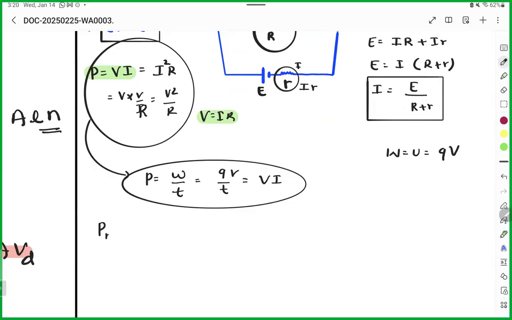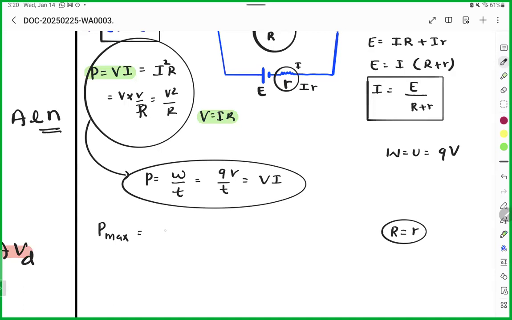If you ask for the maximum power, in case of maximum power, external resistor and internal resistor will be same.